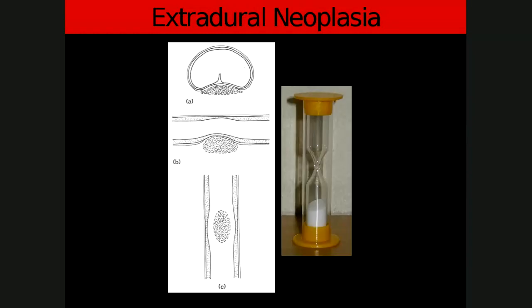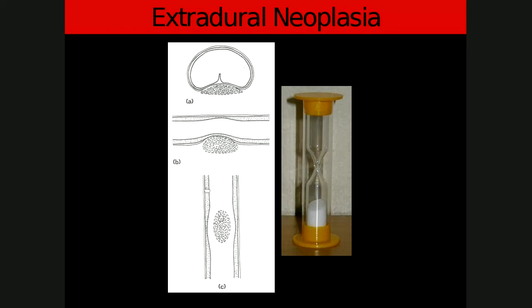Now, going back to the appearance of extradural neoplasia on myelography, at the top, we've got a transverse image. If the lesion is sitting ventrally, it is outside of the dura. And of course, on a radiograph, we won't see a transverse image, but the middle image shows what a lateral spinal radiograph would look like, with the lesion resulting in dorsal displacement of the ventral contrast column and attenuation or thinning of both the ventral and the dorsal contrast column.